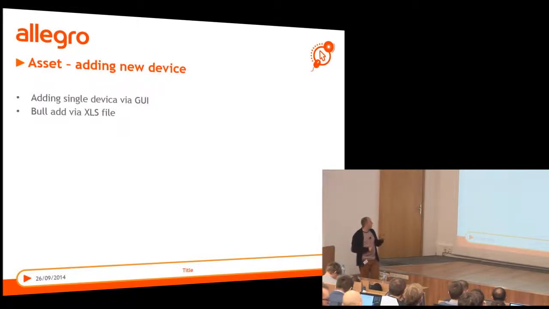And after that, we can define or add a new device. Basically, we have two different options to do it. We can add a single device using the GUI, or also using the GUI by bulk insert using a prepared XML file or CSV.